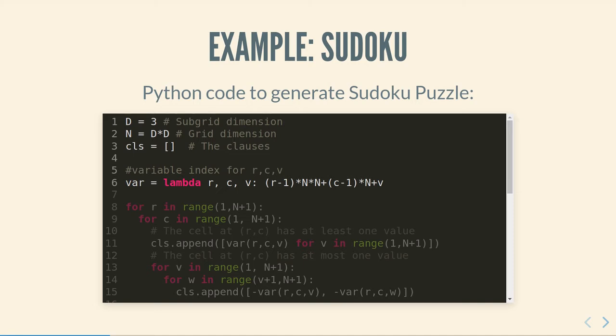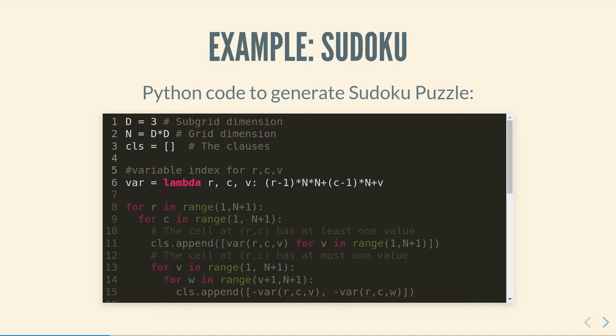And then we have a lambda function, which, if you pass in the row, the column, and the value, returns the index of the Boolean variable that corresponds to that. So x_RCV is a binary variable with, say, index number 5. That is just the formula that gives you a unique index for every R, C, and V, where R, C, and V range from 1 to 9. So this is the setup.